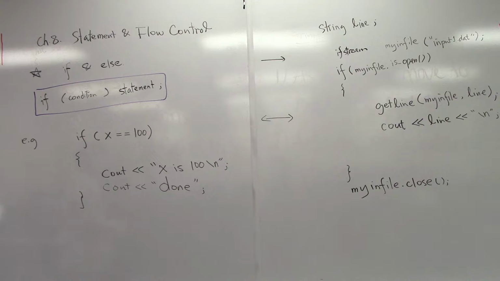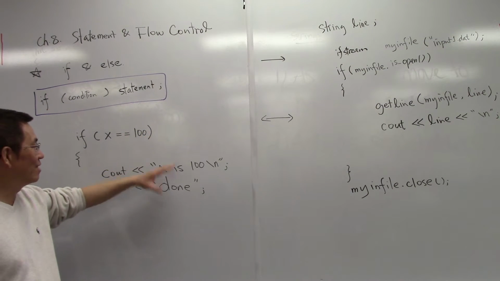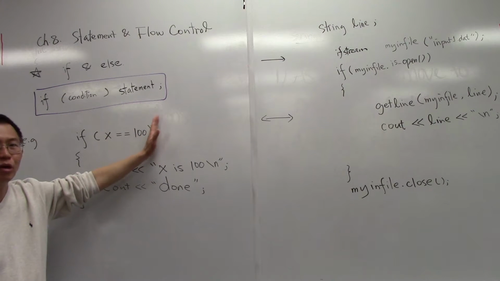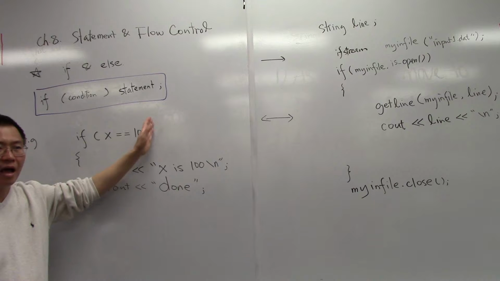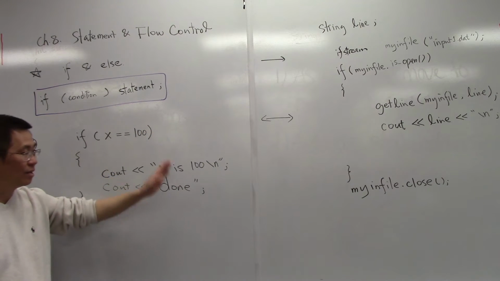I noticed that many students say, okay, at the end of every line we need to put a semicolon, and put it here. And then the result is not what they expected, so they got confused. So I like to point out, we don't put a semicolon immediately after the condition, okay? It's not complete yet. We only put it here.